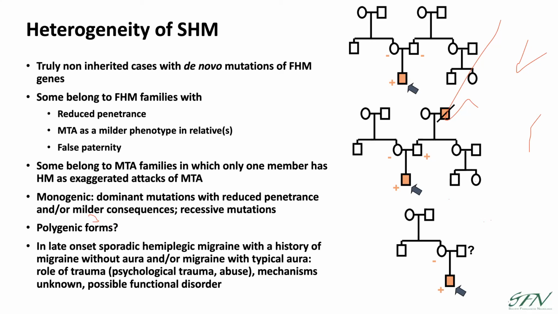So I have some patients with hemiplegic migraine, which are sporadic, and who started after severe life events. And they have to be diagnosed and treated like the other patients.